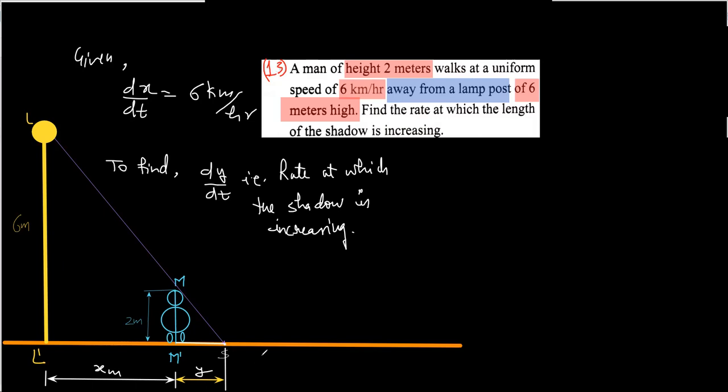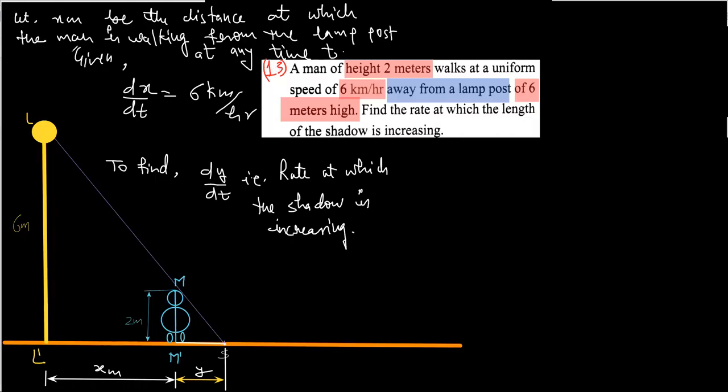So see, how do I solve this? Here I have written the assumption: let x meter be the distance at which the man is walking from the lamppost at any time t.